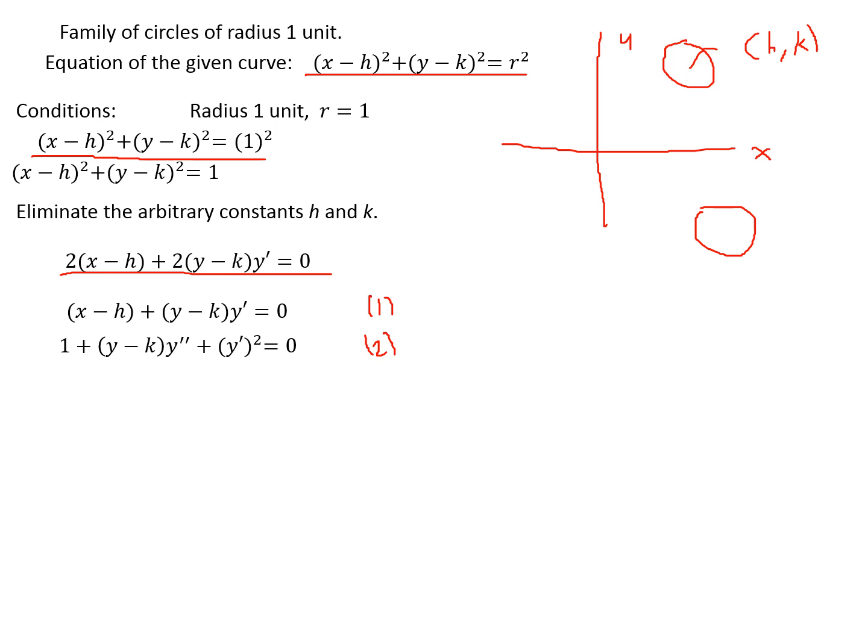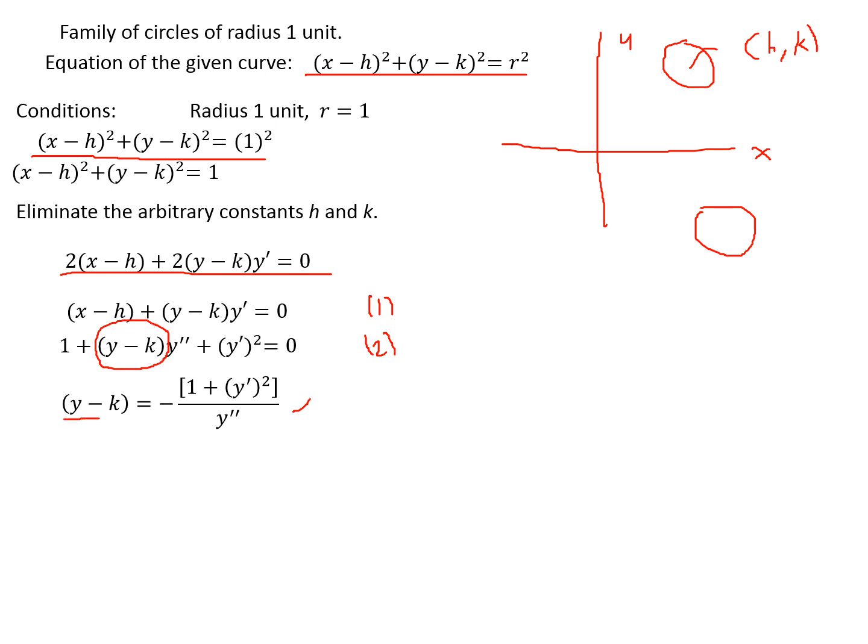Now the next step is, from here we can solve for y minus k. I solve for y minus k in equation 2. So this is the final answer: y minus k is negative 1 plus y prime squared over y double prime.